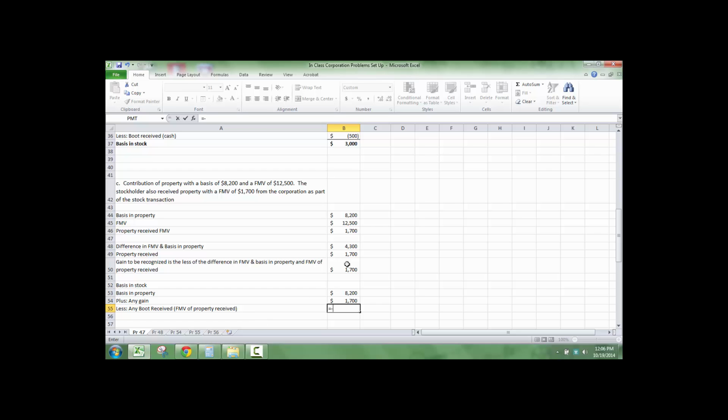So we're going to subtract this number. Basis in stock equals the total of these numbers.